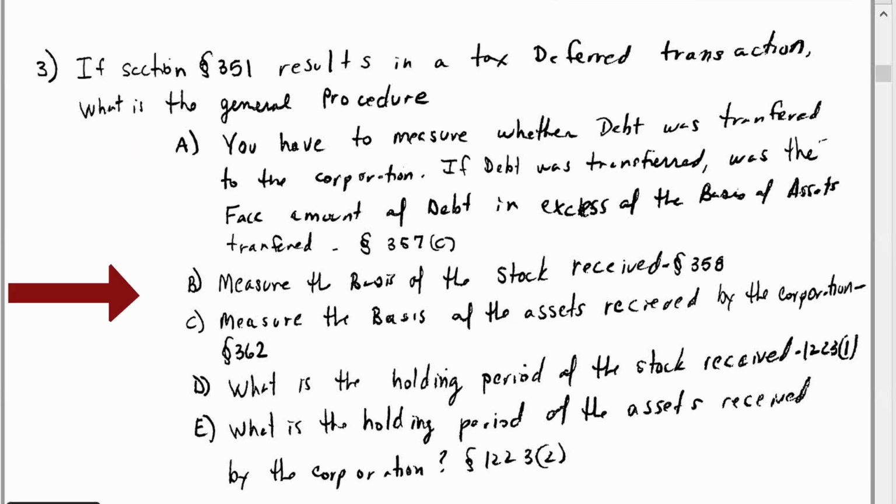Measure the basis of the stock received. 358. Measure the basis of the assets received by the corporation. 362. What is the holding period of the stock received? 1223. What is the holding period of the assets received by the corporation?